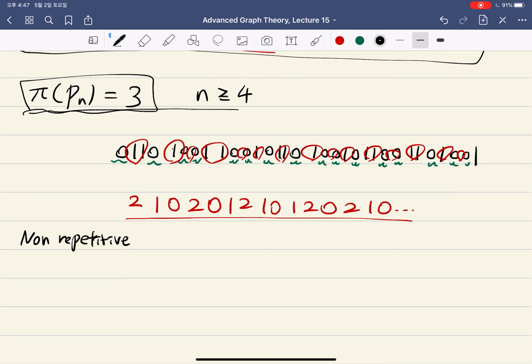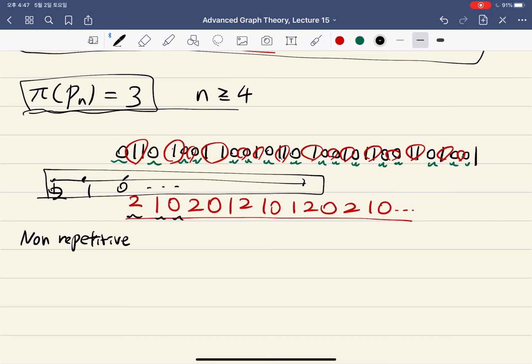So if you have a path, then you just color each vertex with these colors in order, 2, 1, 0, and so on. Then this is a non-repetitive coloring for the given path.